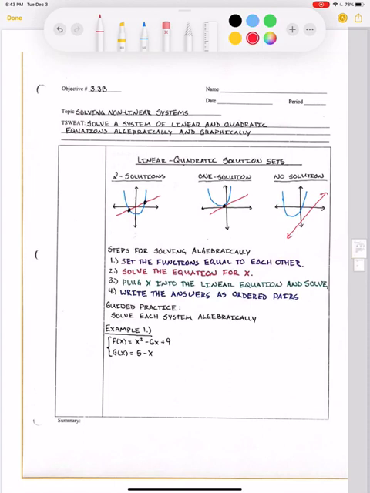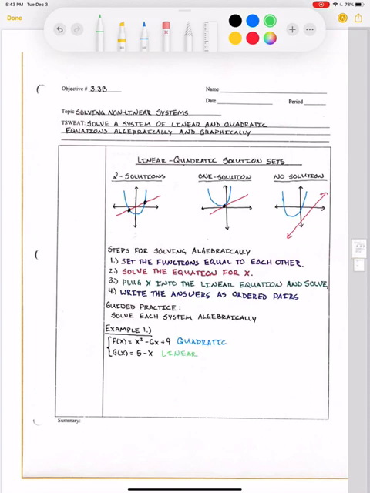So what we are going to do is we're going to look at this system. I have f of x equals x squared minus 6x plus 9. This is the quadratic. And the other function, g of x equals 5 minus x, this is the linear.